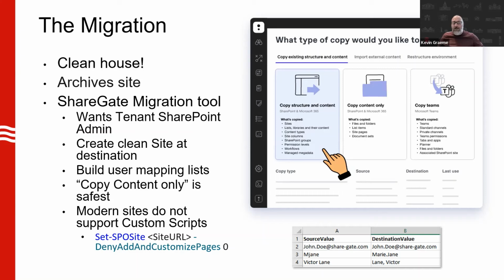One of the key things that ShareGate gave us is the ability to actually resolve and preserve the user information. Now, keep in mind, we were moving from one tenant to another, completely different domains. So we have to create a user mapping list. And ShareGate supports doing this with just a simple CSV file of source and destination values of who those users are.